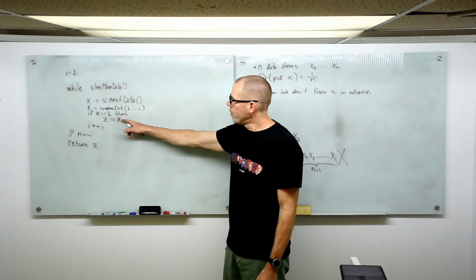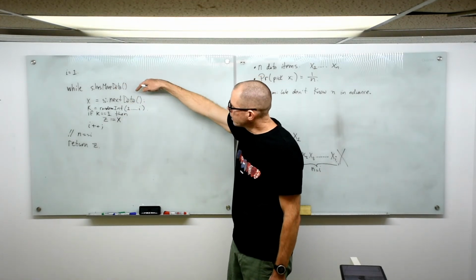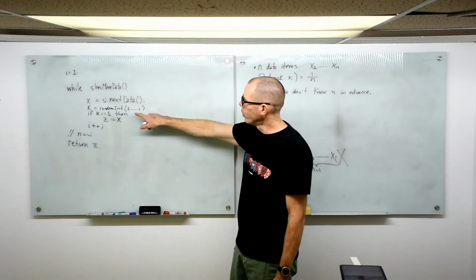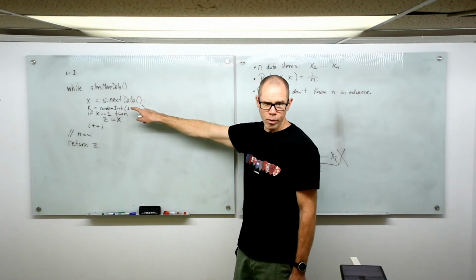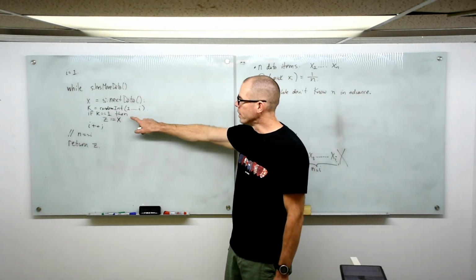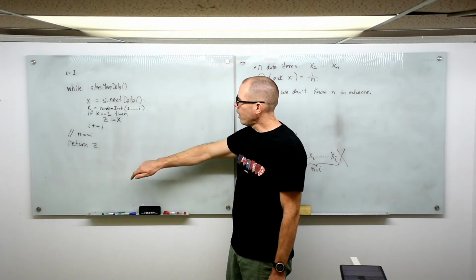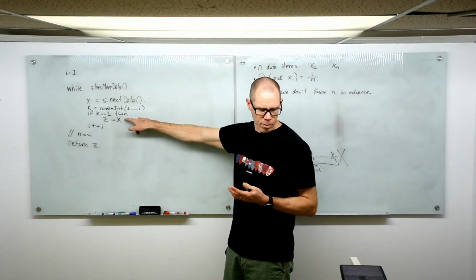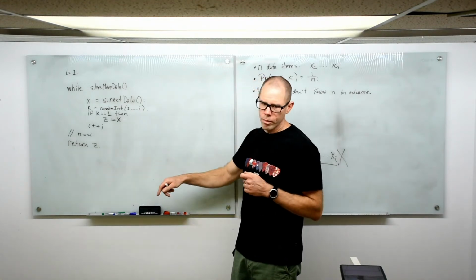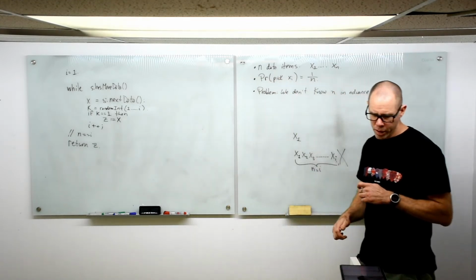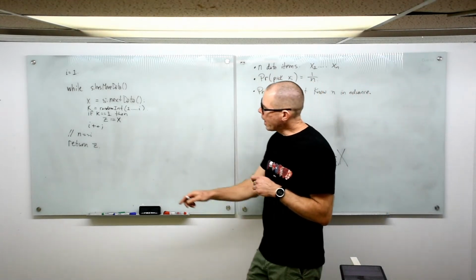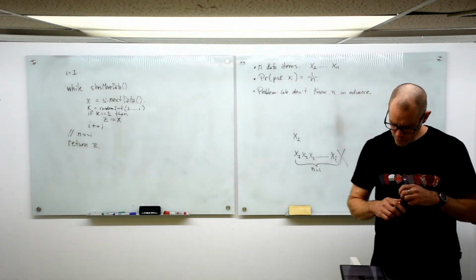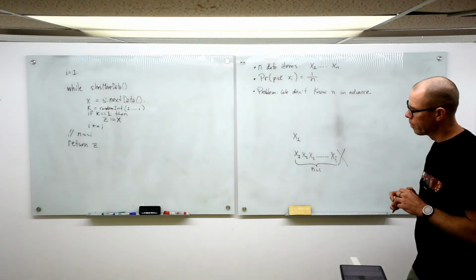And then we go through the loop again, and the second time we go through, when we pick this integer, it's either a 1 or a 2. The probability that it's equal to 1 is a half. And in that case, half the time we will save the element x2, and the third time, with probability a third, we'll save the element x3, and so on. And then at the end, we return whatever element we happen to have saved.